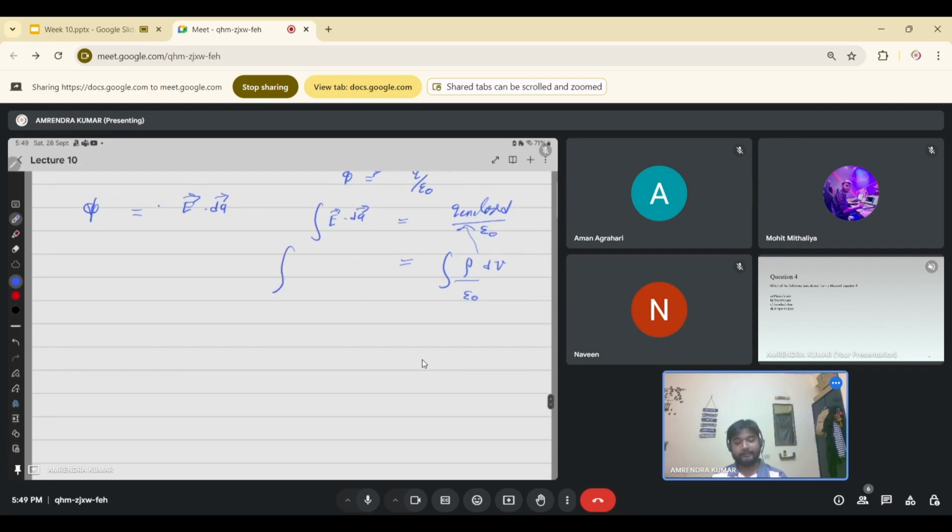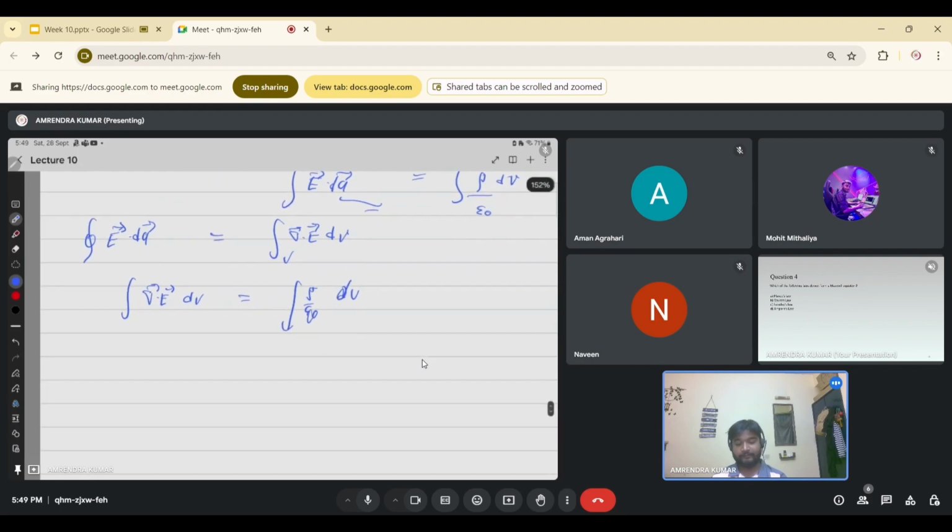But the left hand side is this closed integral, E dot dA. Now what you can say is that the closed integral of E dot dA is equal to the volume integral of del dot E. So this can be written as the integral of del dot E dV equal to the integral of rho over epsilon naught dV.